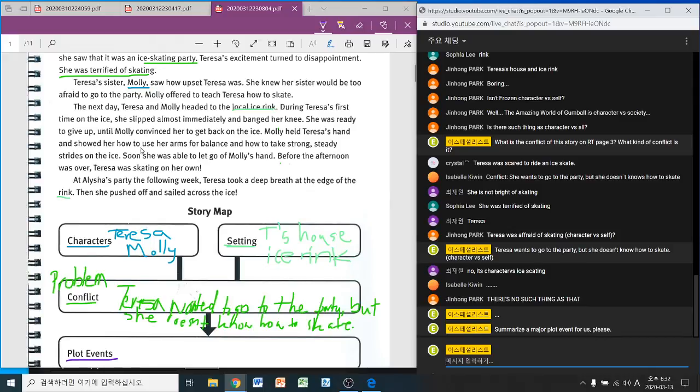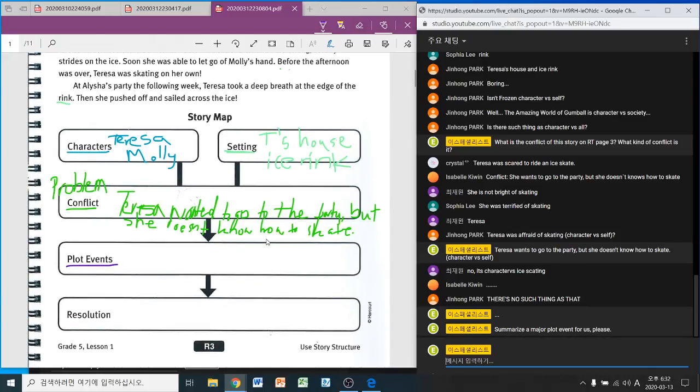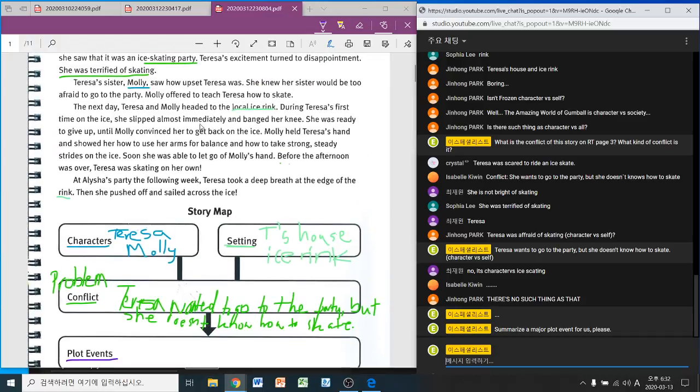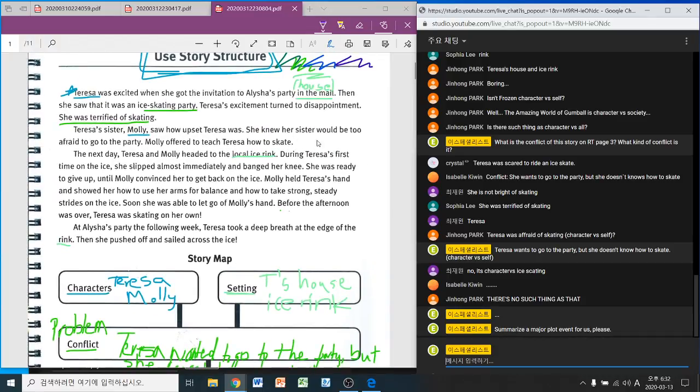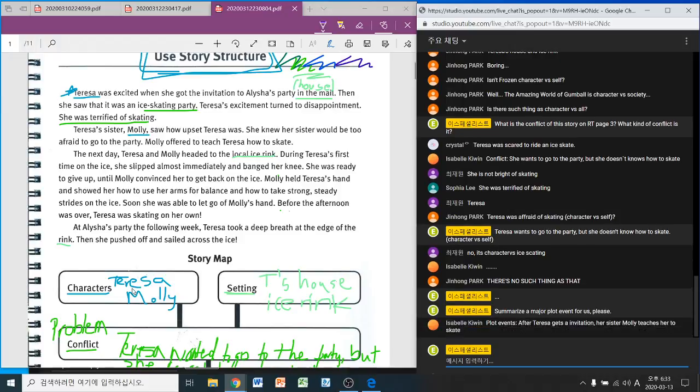What is something that happens here in the middle? Not the solution to it, we're not yet at the resolution. What is happening in the middle? Someone tell me. You don't have to say all of it, but try to summarize at least one major plot event.